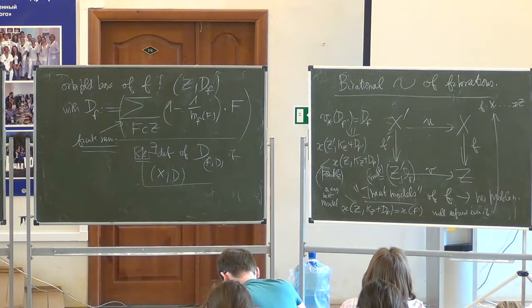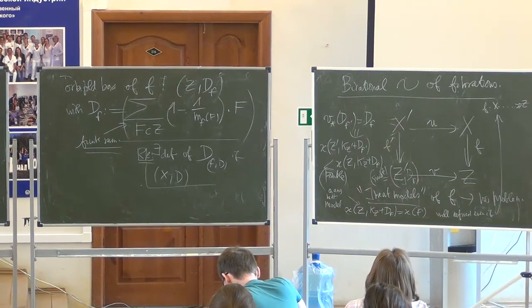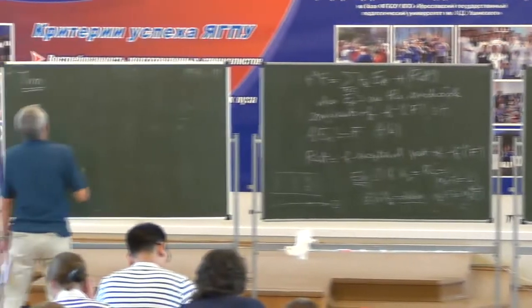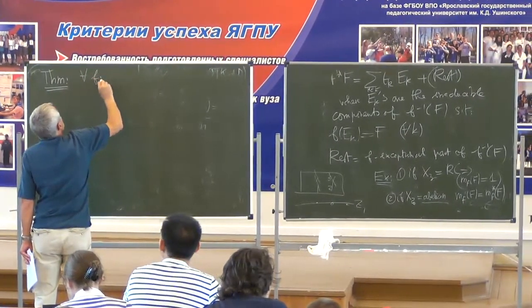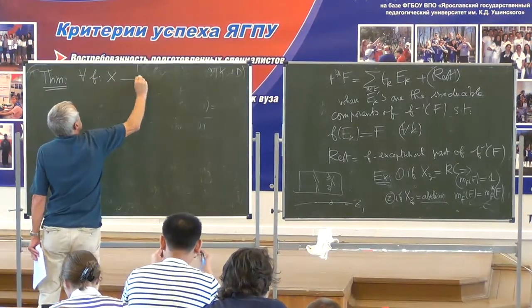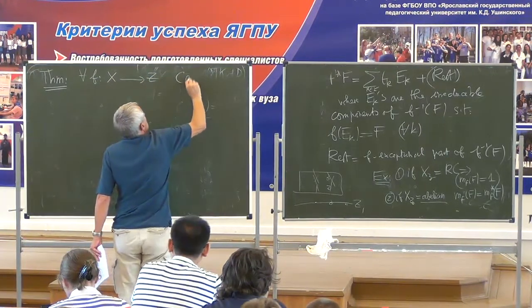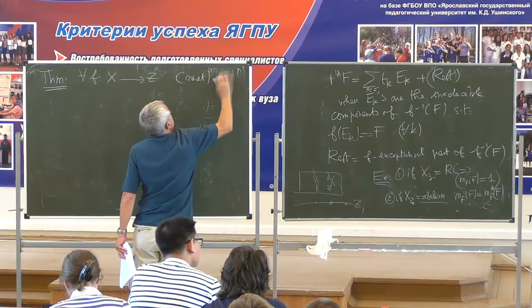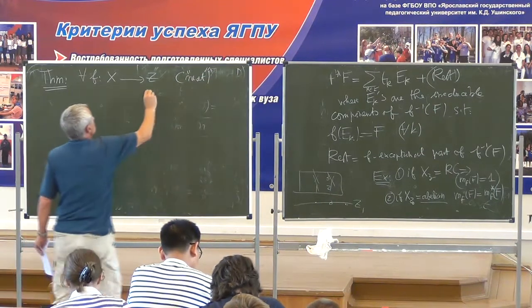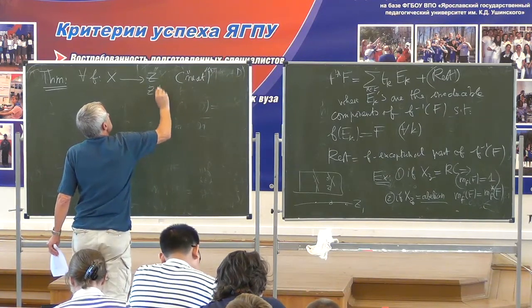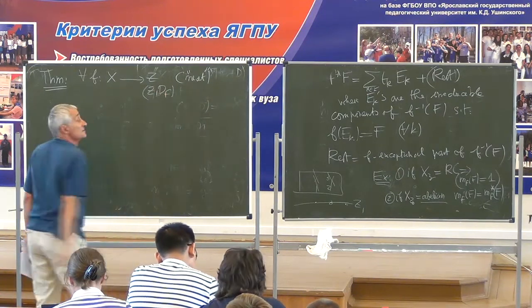And now, when we have this, we have the next theorem. The theorem is the following. Let F from X to Z be neat. So we have a certain orbifold base, Z and DF, which is here.